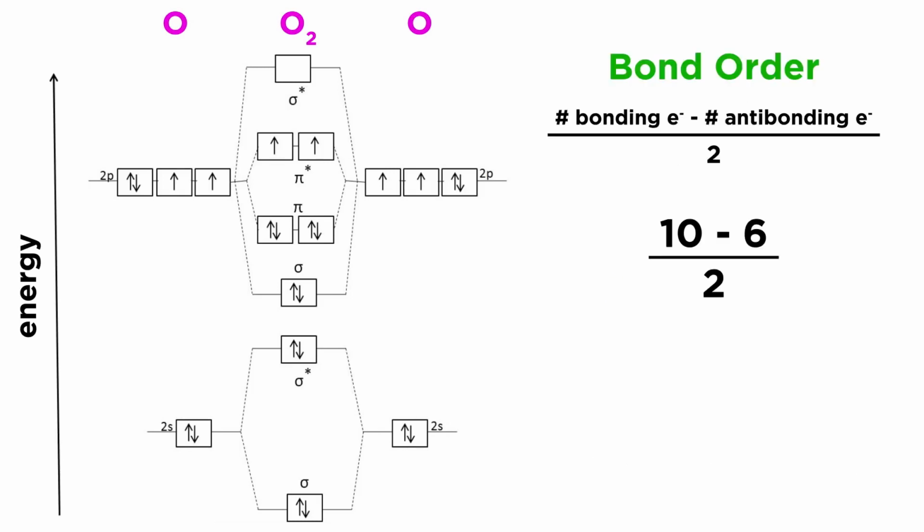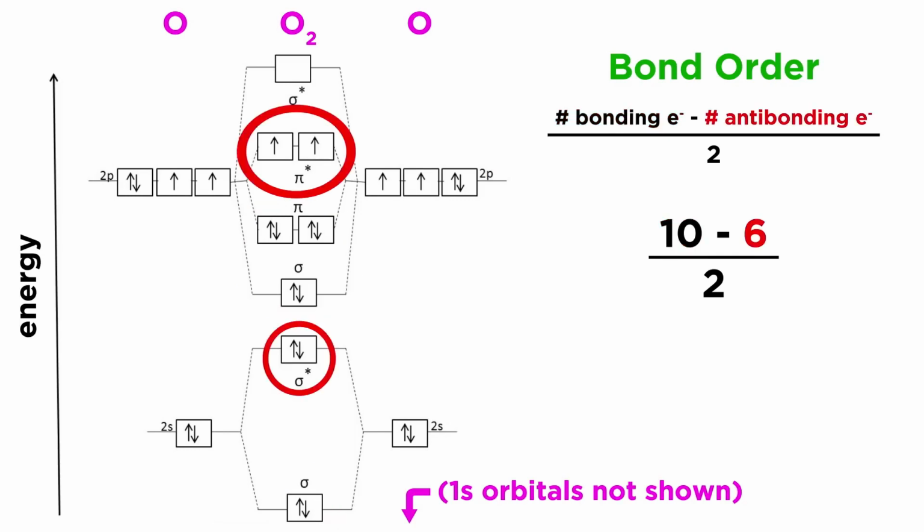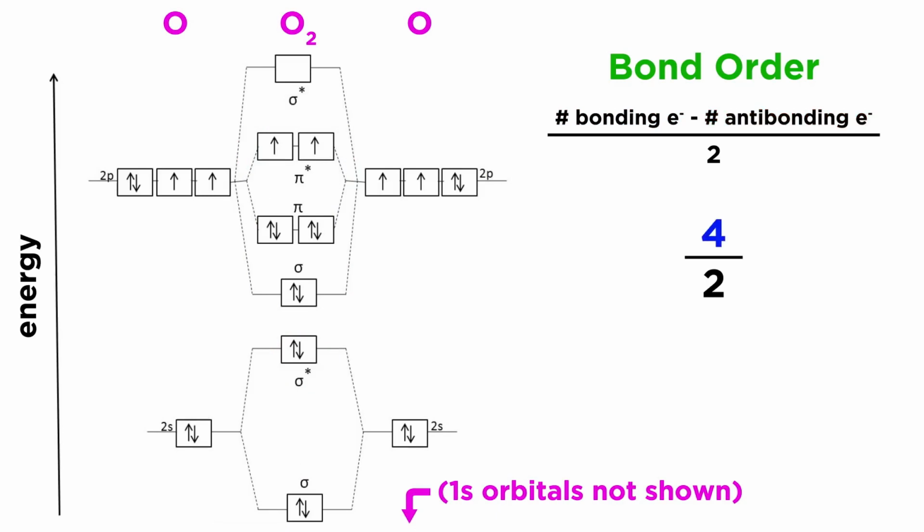Here's that diagram one more time, along with the calculation for bond order, with 10 bonding electrons, including the sigma 1s bonding electrons, and 6 antibonding electrons, including the sigma 1s star antibonding electrons. 10 minus 6 is 4, and 4 over 2 is 2.